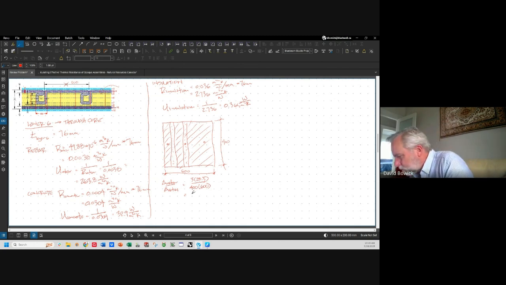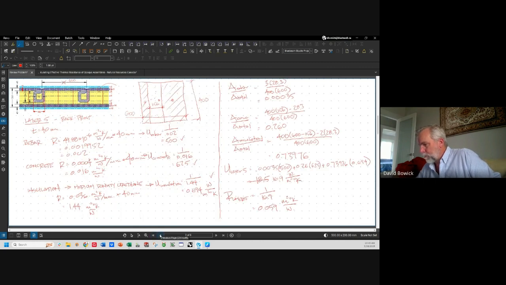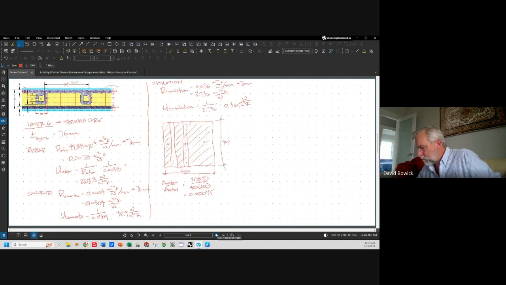And that's 0.00035. Now, we've done this calculation a number of times now, right? With 3 wires going through it, and we got the same answer. So it's good to go back and check, because if we didn't have the same answer, we'd know we made a mistake somewhere.